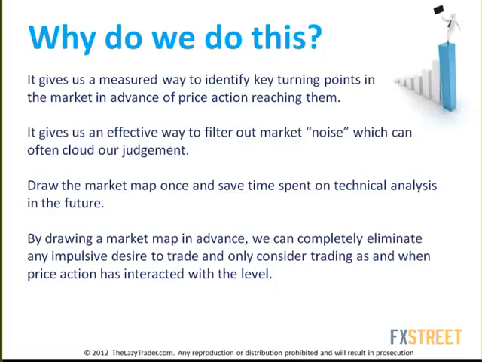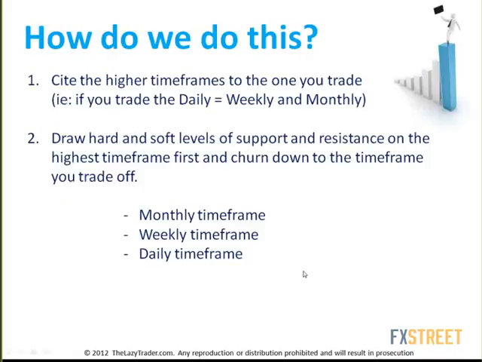In order to do this, as I'm sure all of you have probably deduced by now, we want to look at the daily, weekly, and monthly, and we want to identify both hard and soft levels of support and resistance. I know a number of you might wonder, which way do you start?